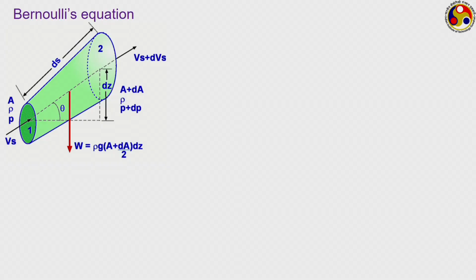For that, we are considering one stream tube. Here s is the direction, often called the streamwise direction. The stream tube has area A at one side, the density of the fluid is rho and the pressure at this point is P. On the other end, the area is A plus dA, the pressure is P plus dP, and we are assuming it to be incompressible, so that density remains constant at rho.